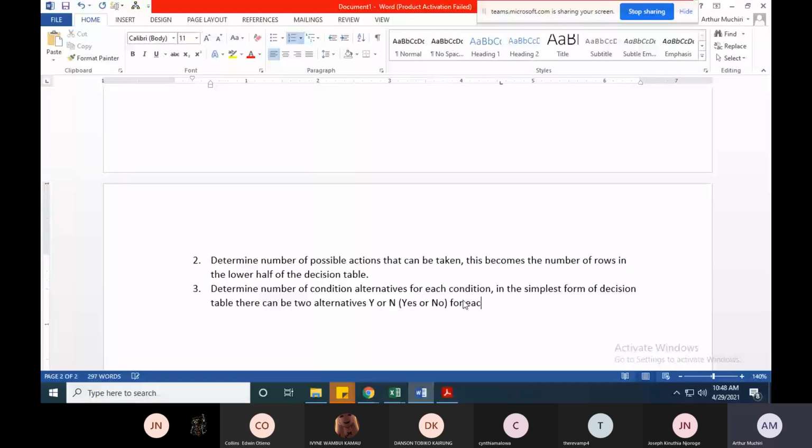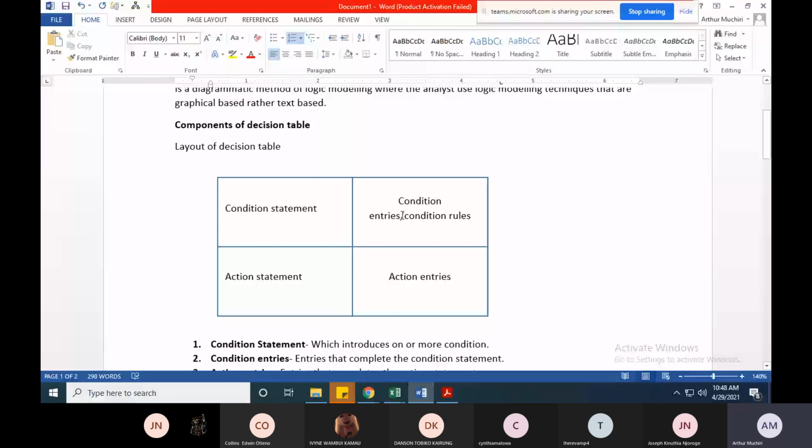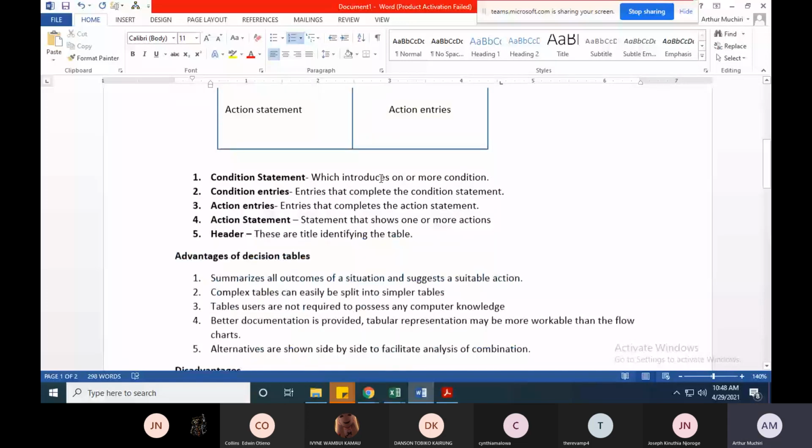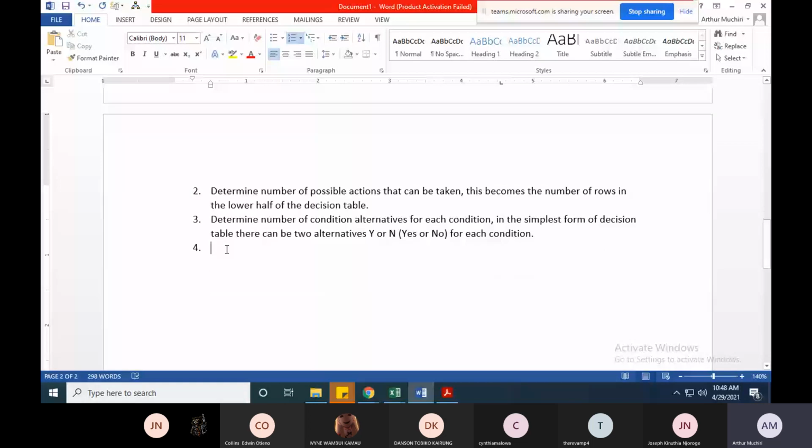Yeah, so that is something that you need to know, that we use the condition alternatives on this side, the condition where the yes and no zinakujanga hapa kwa condition entries. That's why you put your yes and no's, depending on the number of condition statements. But I will explain how you create that one.